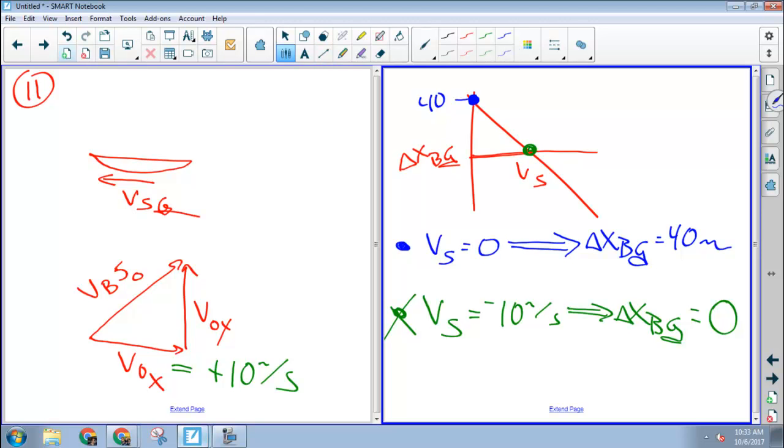So, how fast is the ball moving horizontally if the sled's not moving? 10 meters a second. How long is it going to take to go 40 meters? 4 seconds. Does that depend on how fast the sled is moving? No, because my vertical velocity is what determines the time in the air. So no matter how fast the sled is moving, the ball is going to be in the air for 4 seconds.